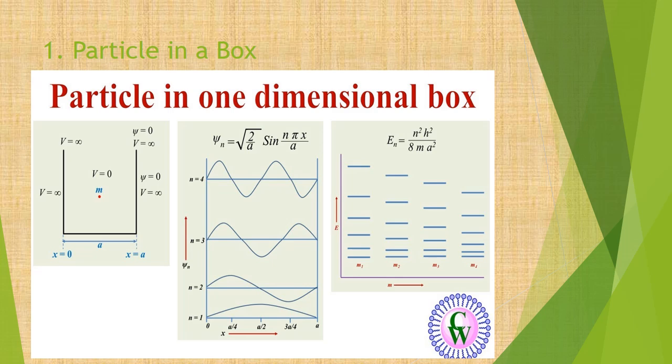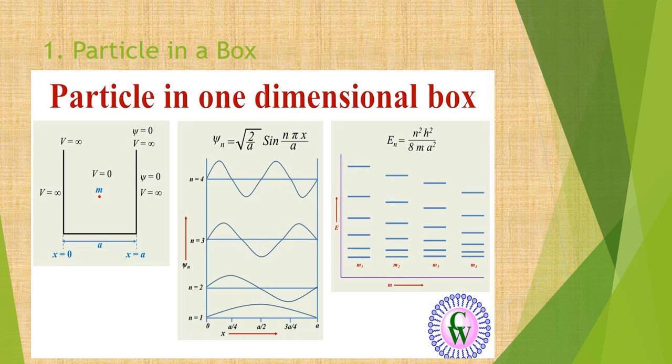The box has potential barriers at x equal to 0 and x equal to L. That is, the box is supposed to have walls of infinite height at x equal to 0 and x equal to L. The particle has a mass m and its position x at any instant is given by 0 less than x less than L.